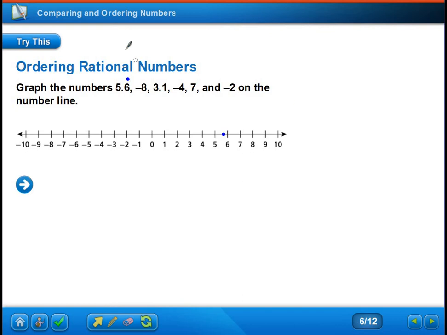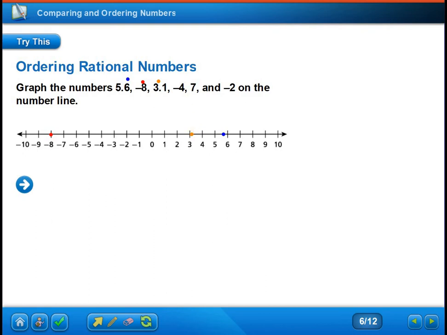Then we have negative 8. Negative 8 is going to be right on the hash mark. And then we have 3 and 1/10. Now again, 3 and 1/10 means that we have a little bit more than 3, but not even quite halfway. So we can't be right on top of the 3, but we can be next to it.